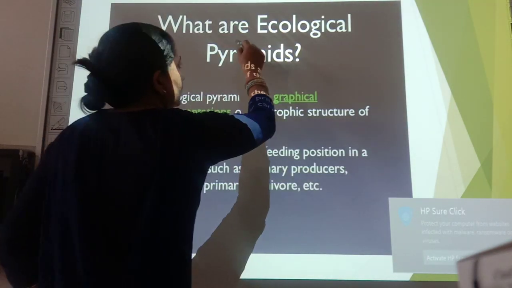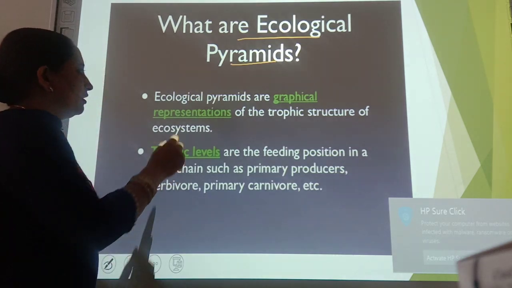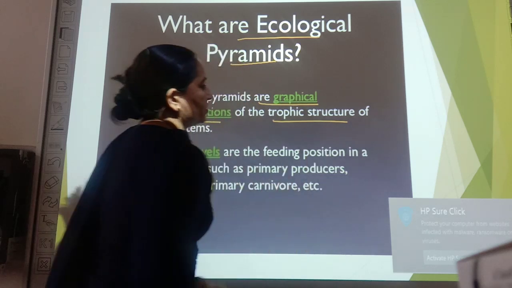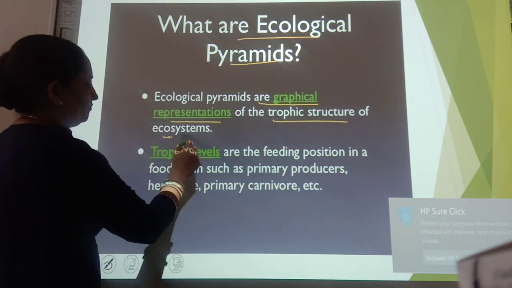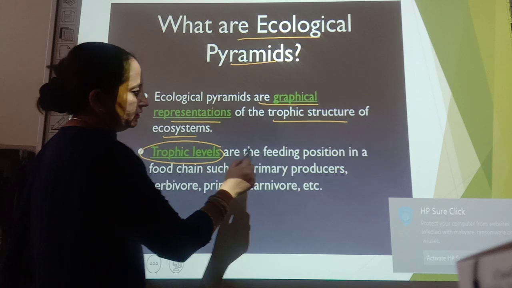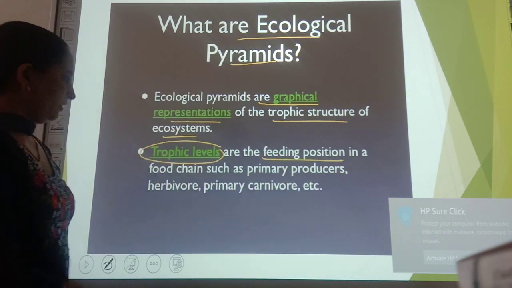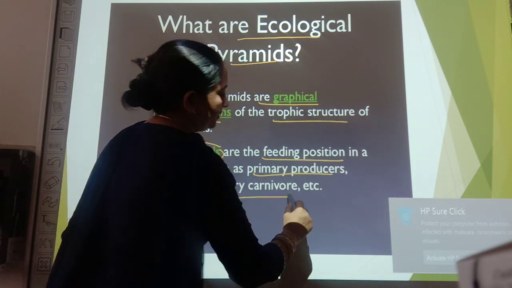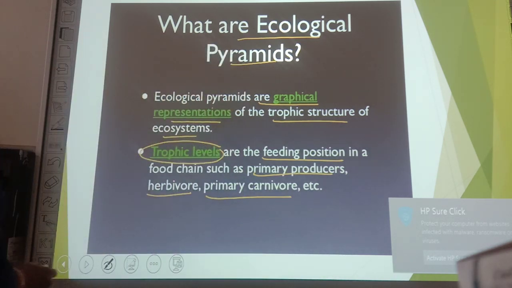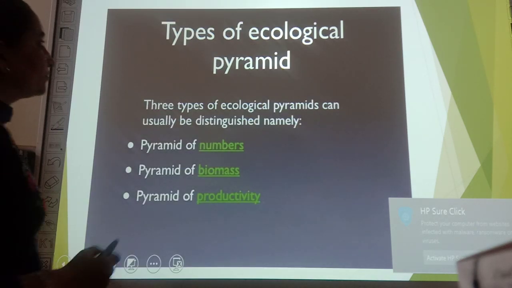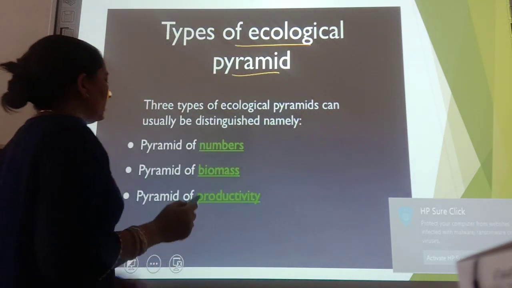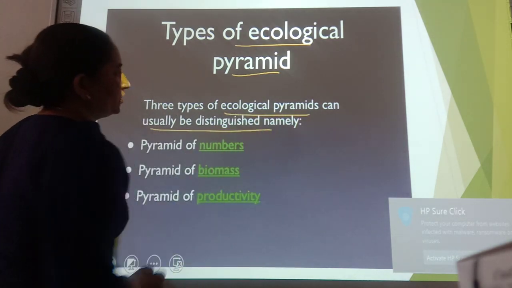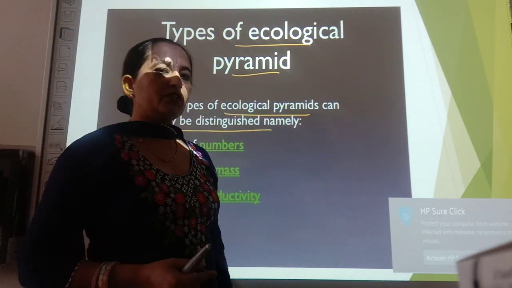Here, what are ecological pyramids? These are graphical representations of the trophic structure of the ecosystem. Trophic levels are the feeding positions in a food chain such as primary producers, herbivores, primary carnivores, etc. Three types of ecological pyramids can usually be distinguished in any type of ecosystem.